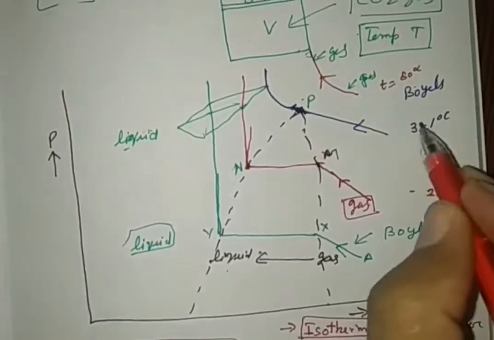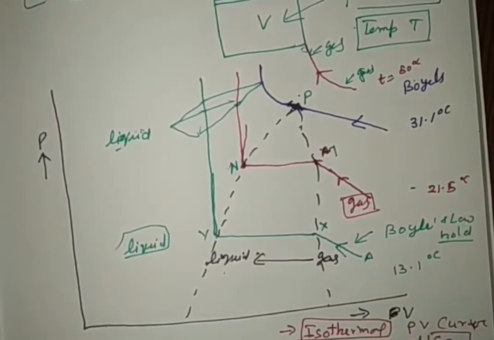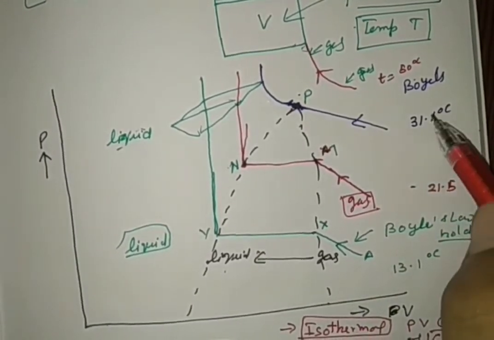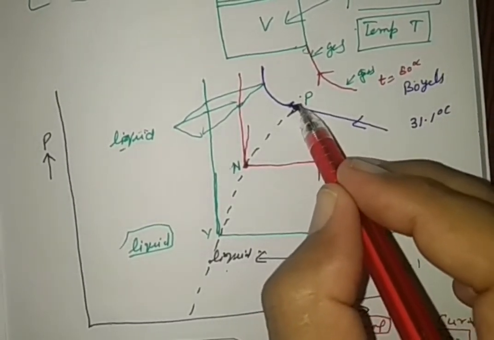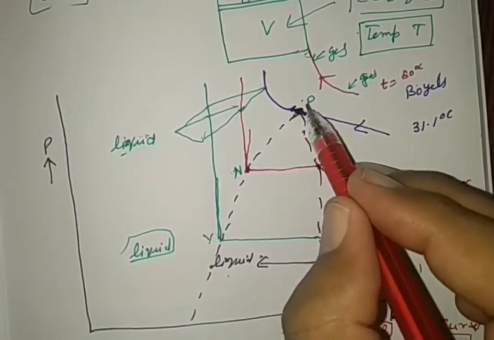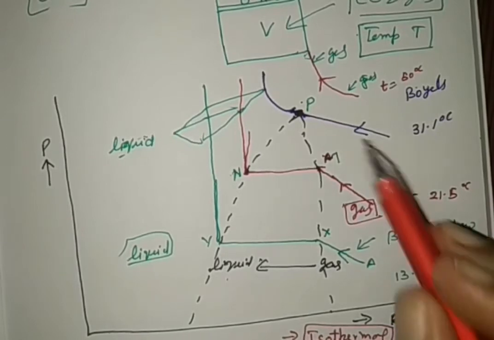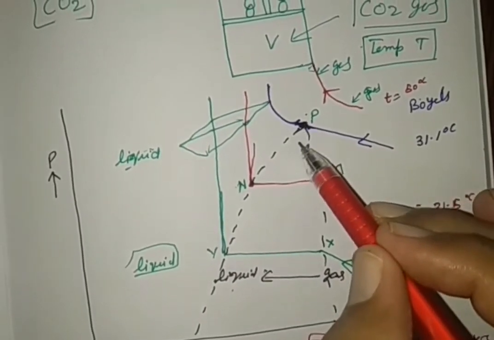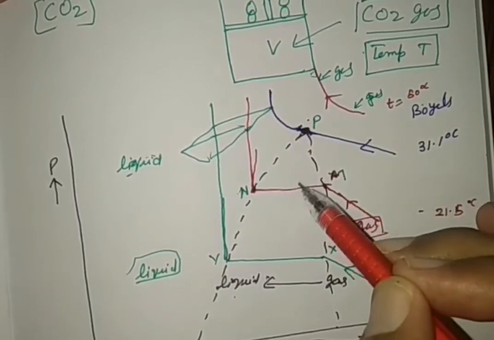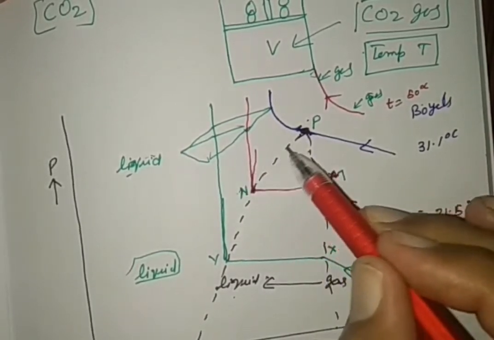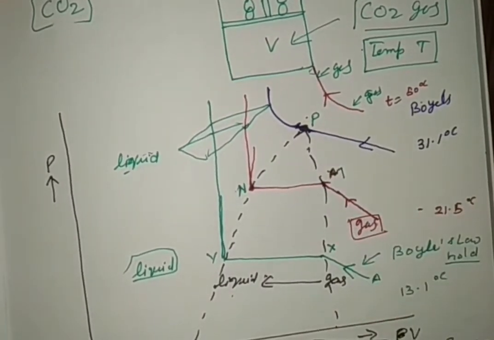So this temperature, 31.1 degrees Celsius in the case of carbon dioxide, is called the critical temperature. Critical temperature of carbon dioxide. At this temperature or below this, on applying pressure only, the carbon dioxide can be converted into liquid state.